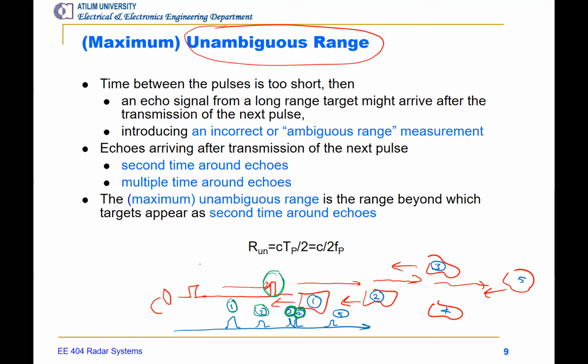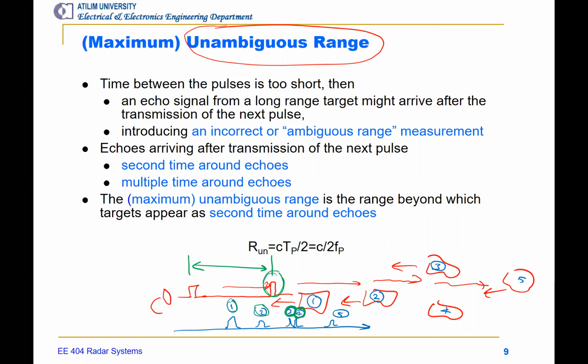And that distance is simply called the unambiguous range of the radar, which is proportional to the pulse repetition interval. So here, simply, this time interval is PRI, and PRI determines our unambiguous range.